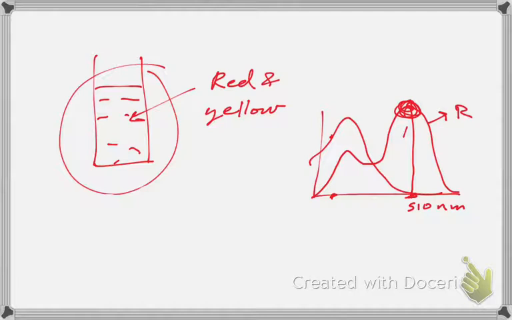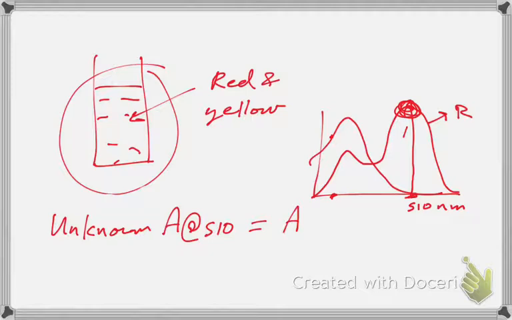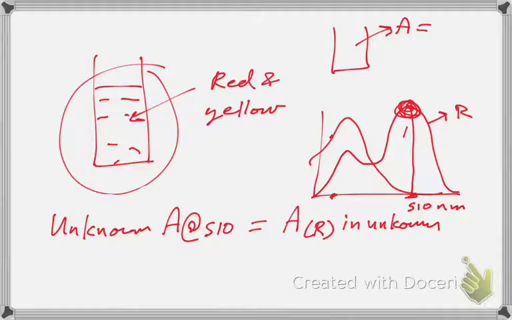I can say that the absorbance at 510 equals the absorbance of the red dye in the unknown. And remember, you took your unknown and you do have that absorbance. So let's put a number to it, okay? Let's say that the absorbance for your unknown at 510 nanometer was 0.710, okay?